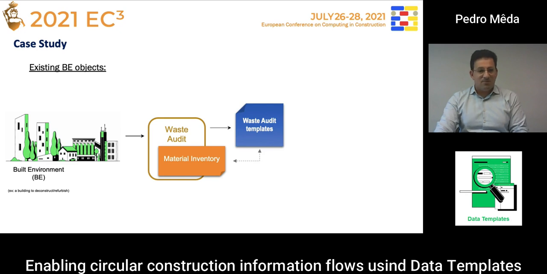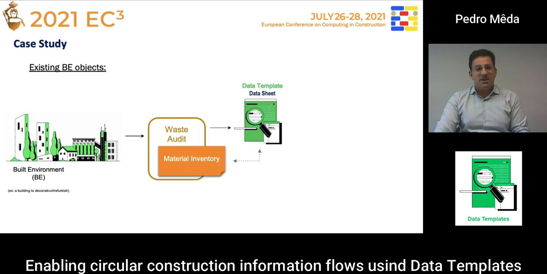The guidelines provide specific templates for developing the waste audit, and these are constituted by several tables that systematize material characteristics. Yet, in fact, these characteristics are mostly the same that come on the data templates or on the data sheets. This is a touch point that in reality is failing to happen.